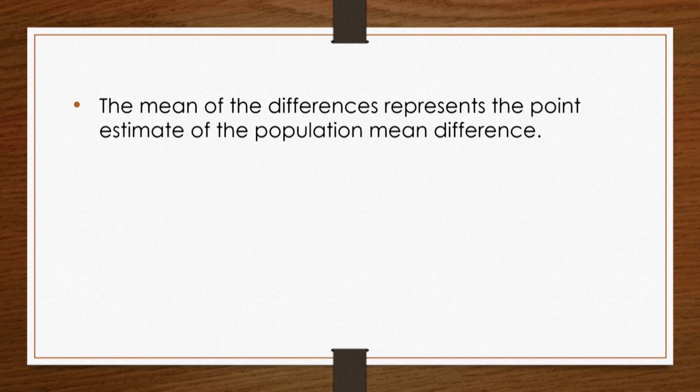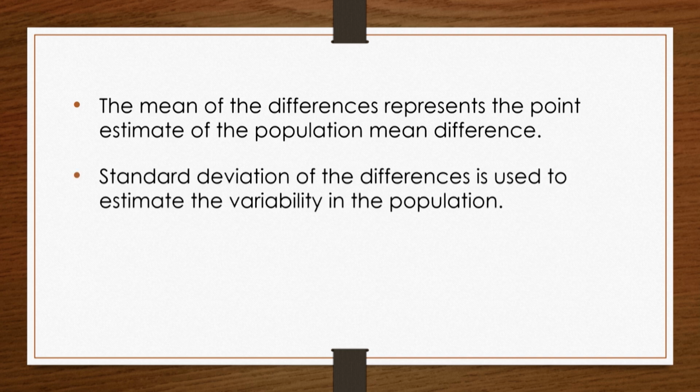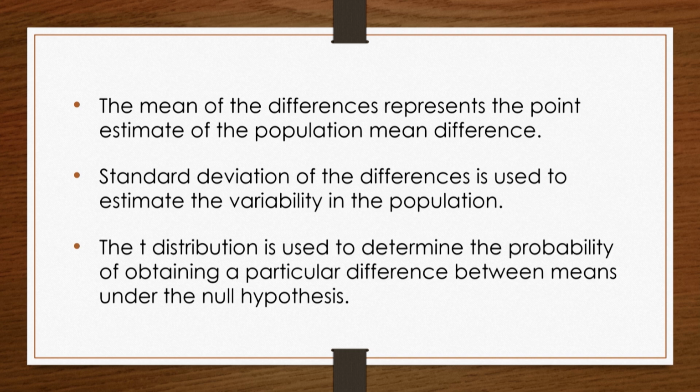The mean of the distribution represents the point estimate of the population mean difference. The standard deviation of the differences is used to estimate the variability in the population. The t distribution is used to determine the probability of obtaining a particular difference between means under the null hypothesis.